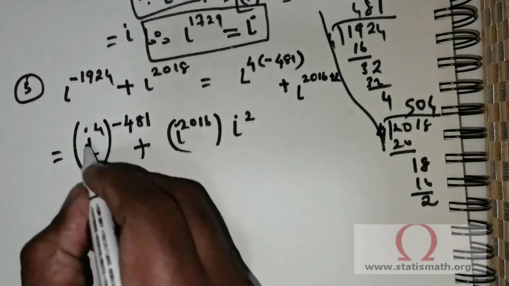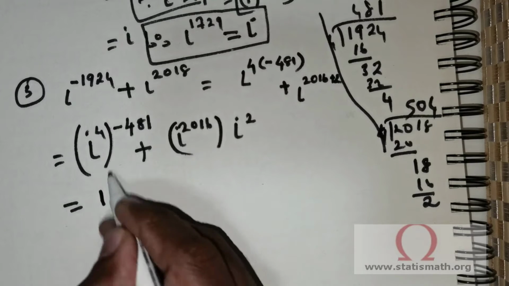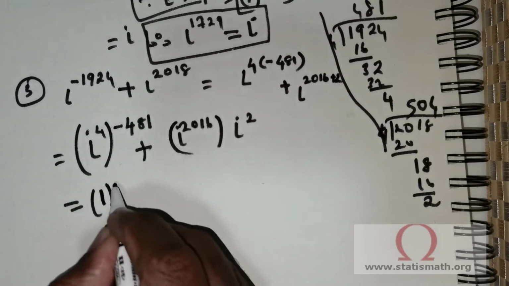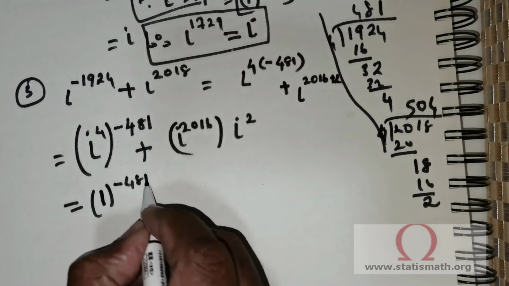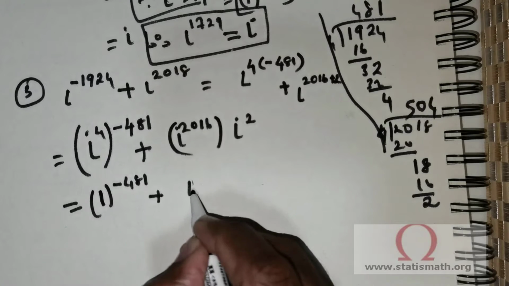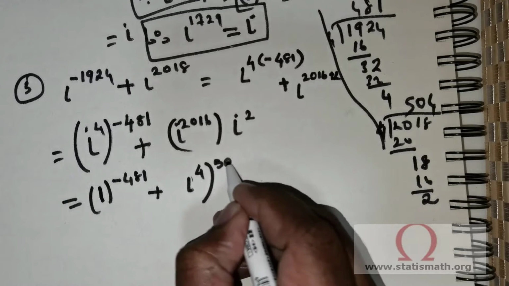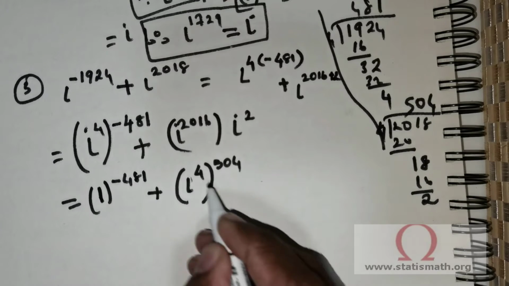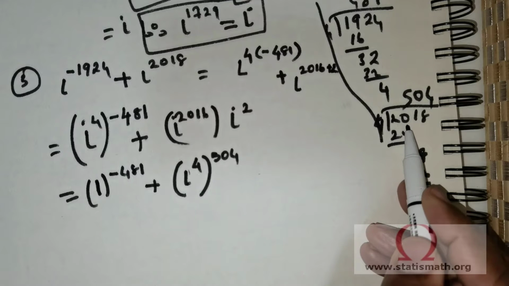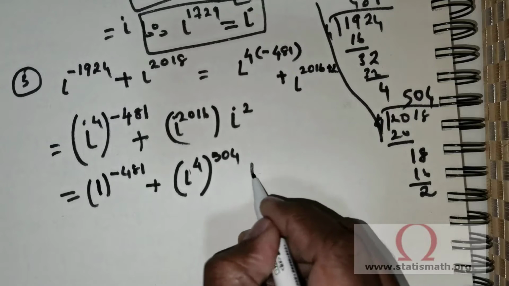Now this is 1, this is going to be 1 raised to the power of negative 481, plus this is going to be i raised to the power 4 raised to the power 504, because I've shown you here, if we were to have 2016, then it's going to be 504, multiplied with i squared.